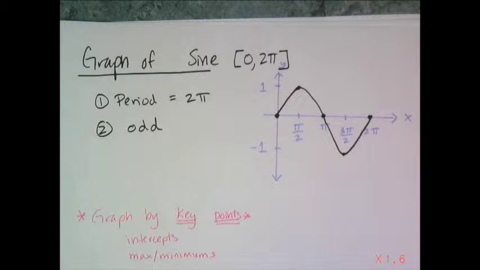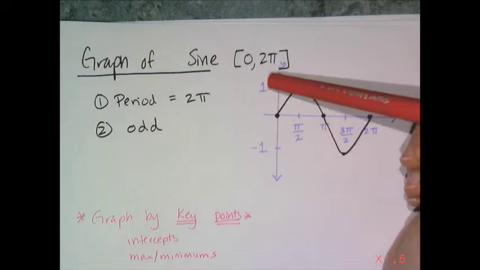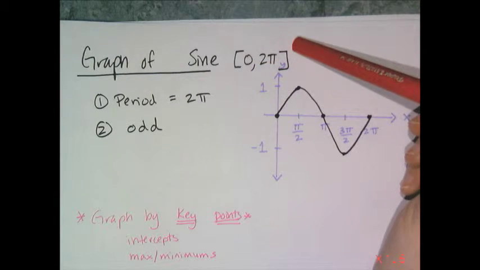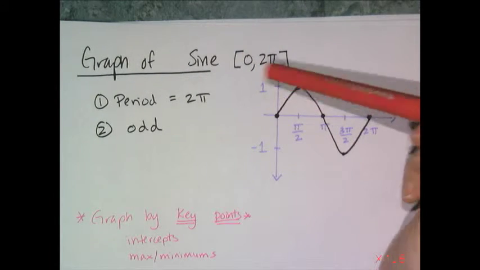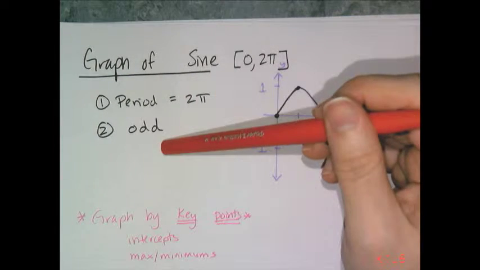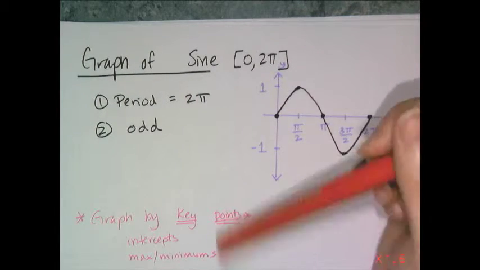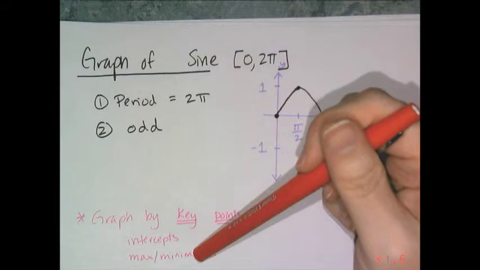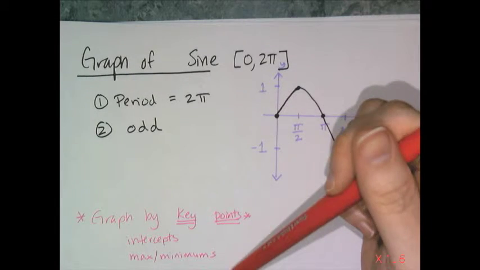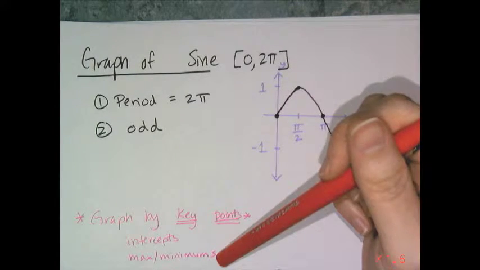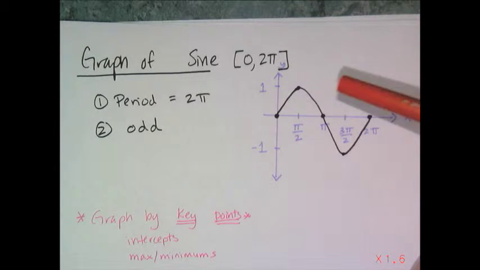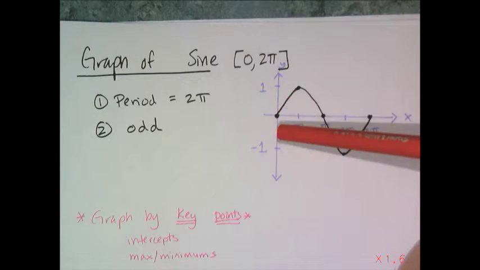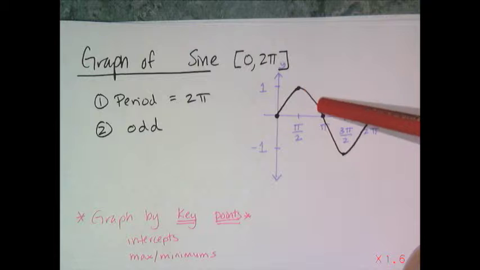So now let's look at a piece of the graph of sine, basically the part of the graph that goes from 0 to 2 pi, which happens to be the period of the graph of sine. I know it's 2 pi, I know it's odd. And just by using key points, and a key point is an intercept, like an x-intercept or a y-intercept, and the minimums and maximums of sine, if I just graph from 0 to 2 pi, I get a little curve that looks like this.